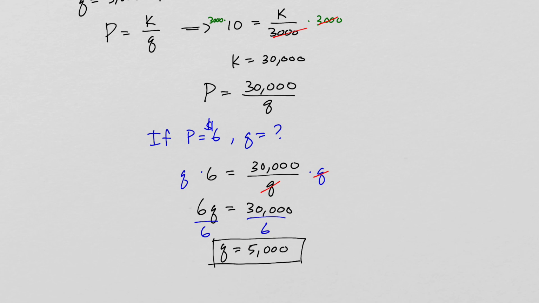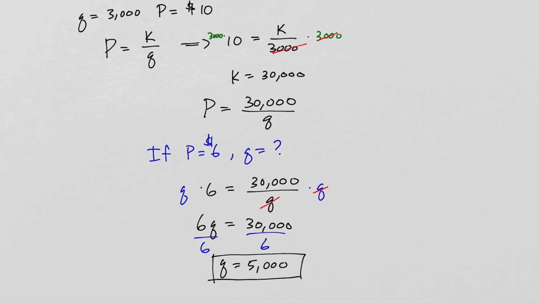All right, now this might seem a little bit counterintuitive, but basically the more people want something, the more will be produced. And when there's a higher quantity, the price goes down because it's not as rare. So for the price to go from $10 per unit down to $6 per unit, we need to make 5,000 of these items as opposed to making 3,000.